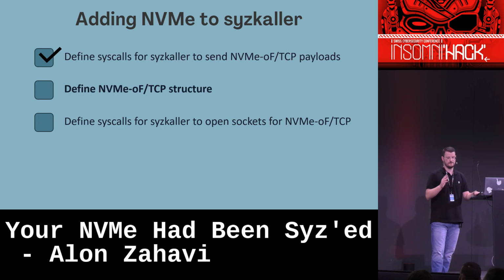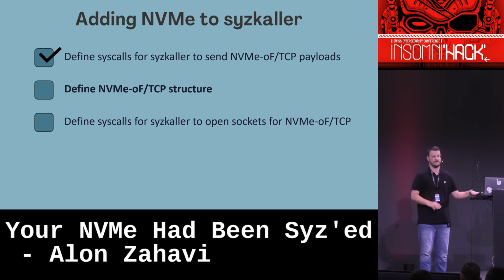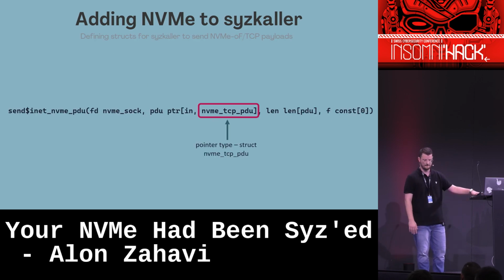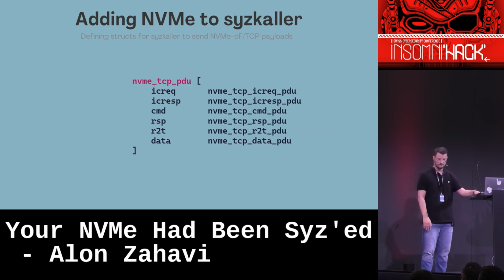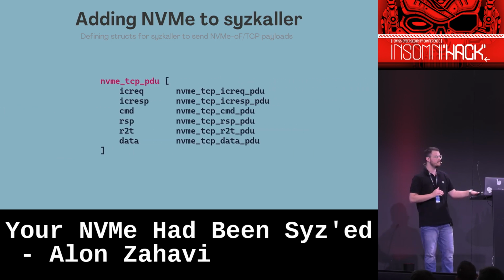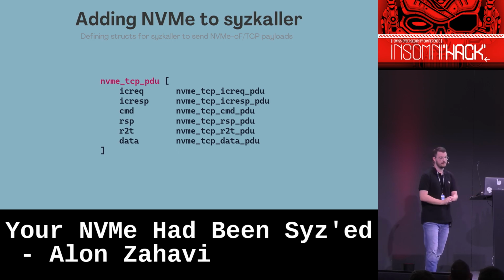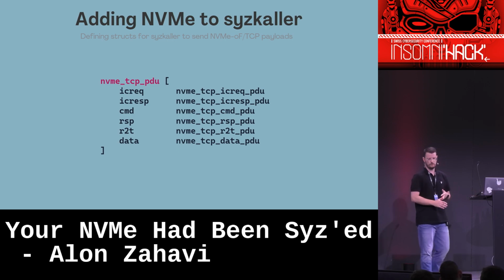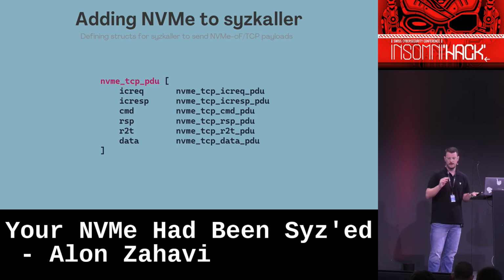We now need to describe the structure of the NVMe over TCP. As you can see on the screen, we have the NVMe TCP PDU. This is a union. We didn't talk about it. If you want to read more about it, there is a blog that will be published later on today. But what we do need is to talk about the NVMe TCP data PDU.